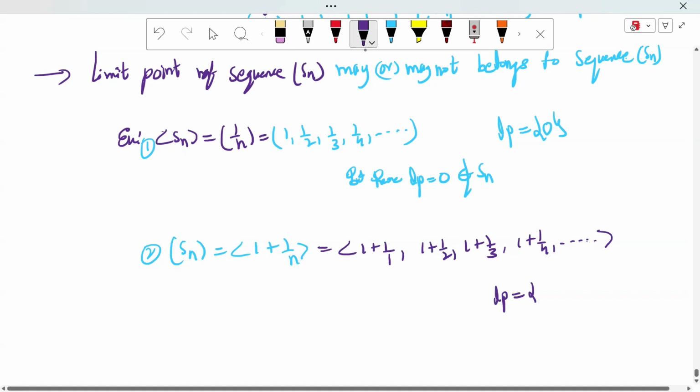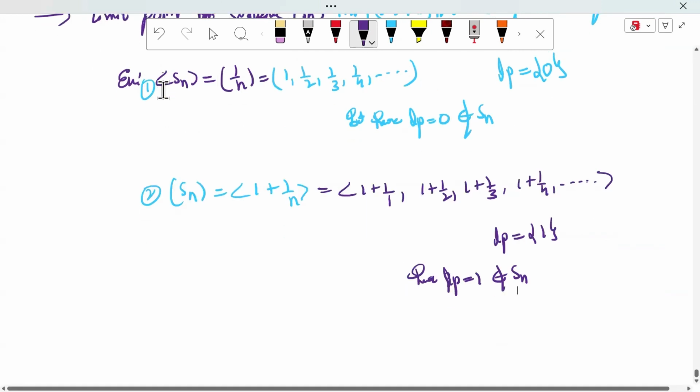It is 1. So here the limit point 1 does not belong to the sequence Sn.